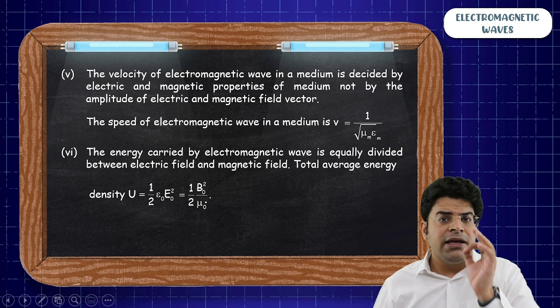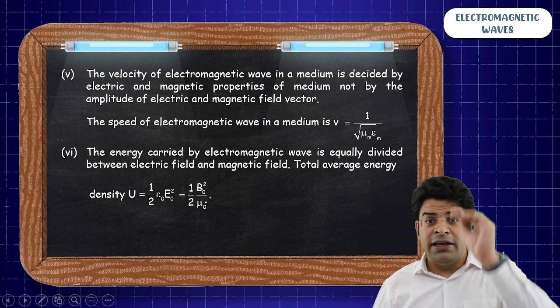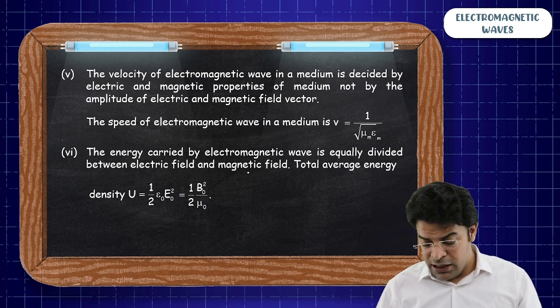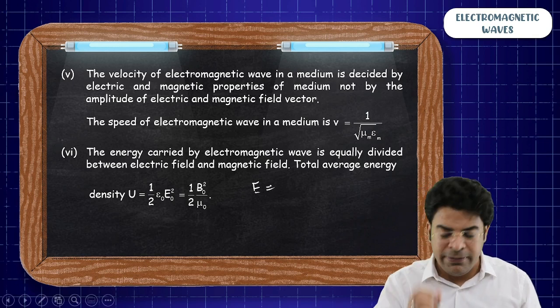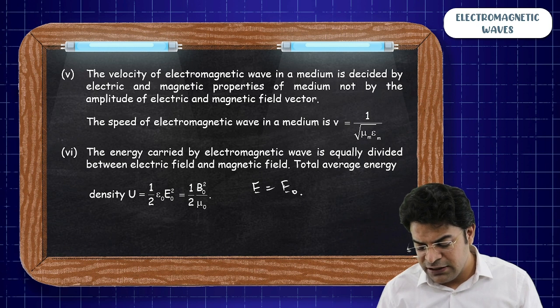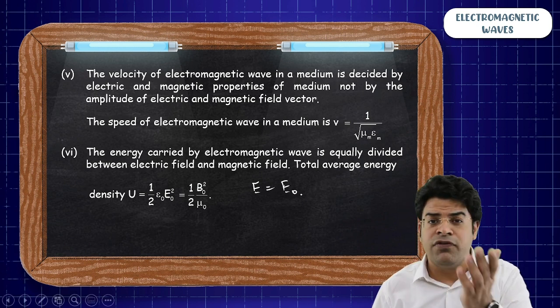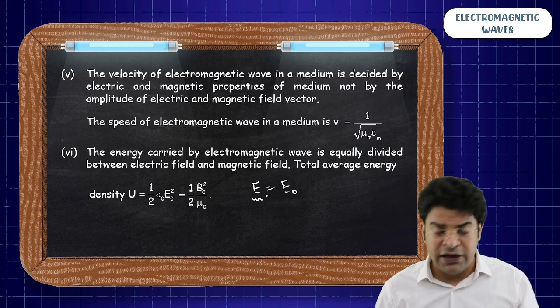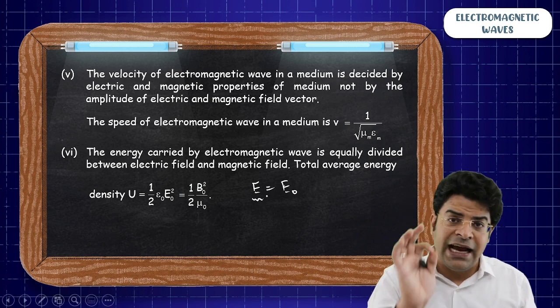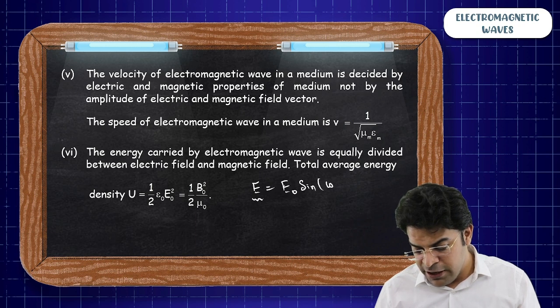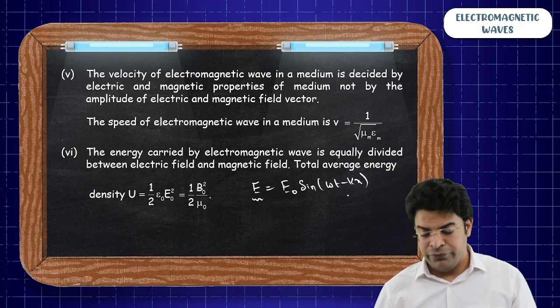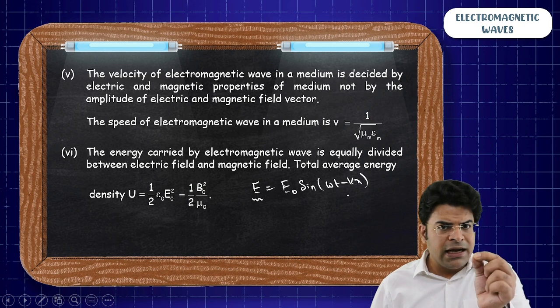in case of an EM wave, the electric field keeps on oscillating. If I ask you what is the strength of the electric field at a point at any time t, the equation looks something like the equation of propagation of a transverse wave. So the electric field at a position x at any time t is given by, let's say, E naught sine omega t minus kx. So at one point, the electric field is not constant.